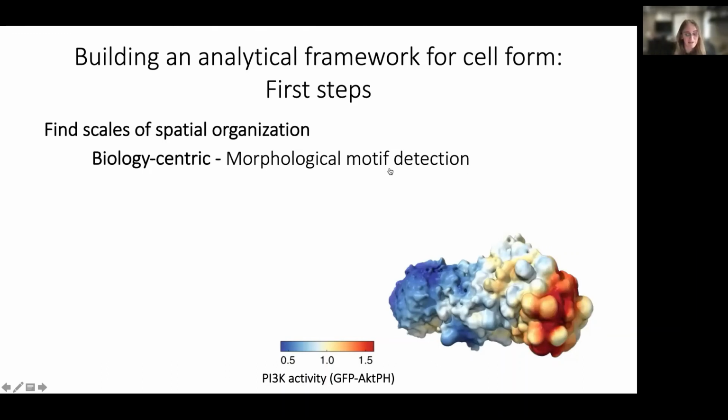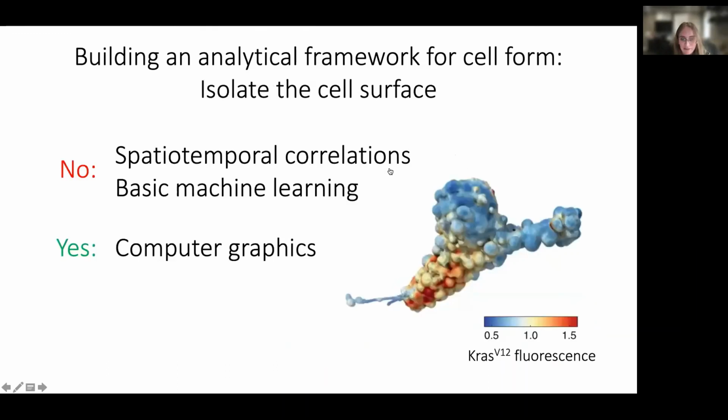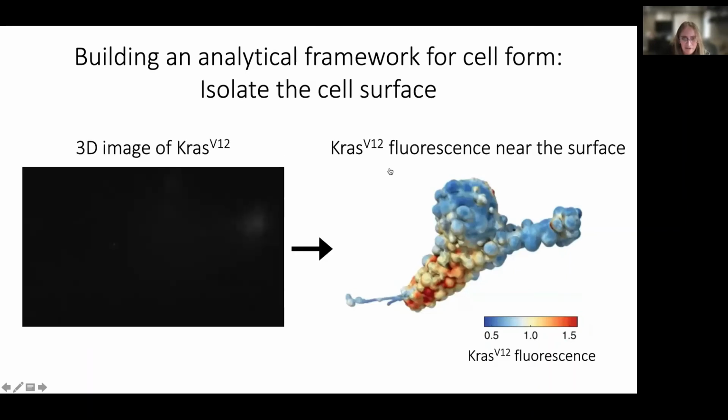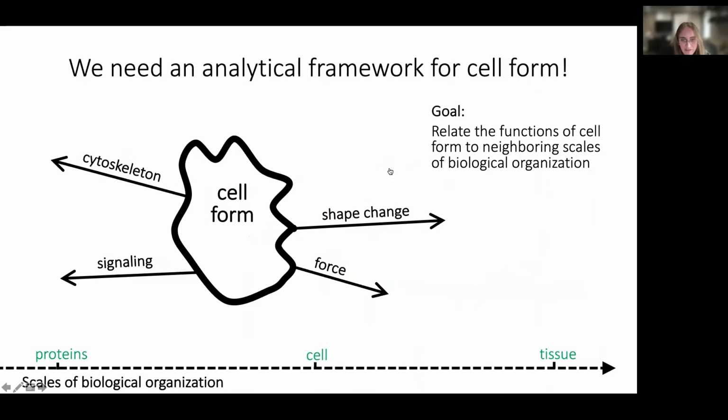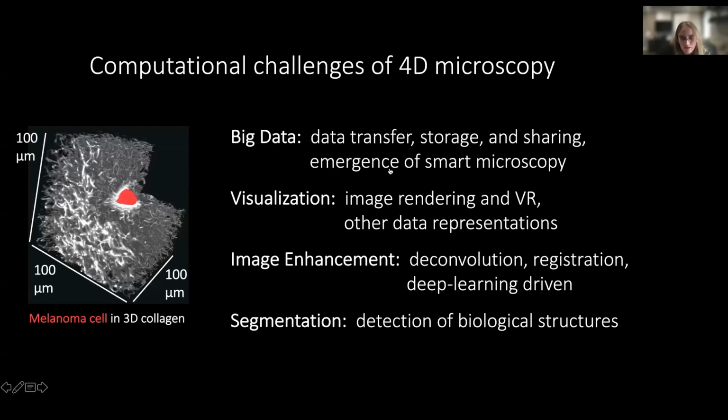I haven't tried to do that. We did try, not me, but an undergrad in the lab worked on a deep learning based deconvolver, right? I would classify that as an image enhancement technique.